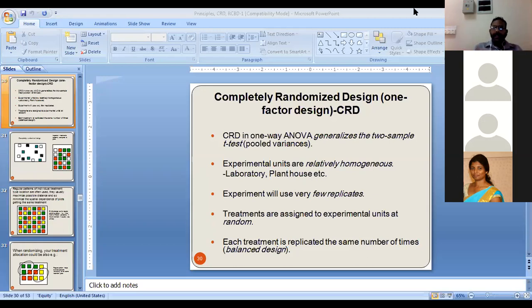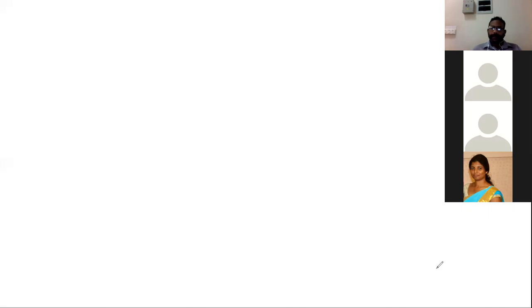In the pooled t-test, we can always compare two treatments, isn't it? All the time we compare two treatments, right? So we compare, let's say, T1 versus T2.